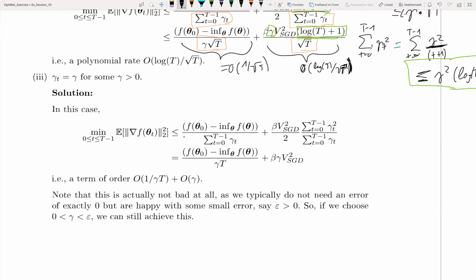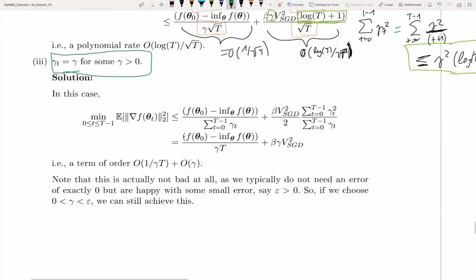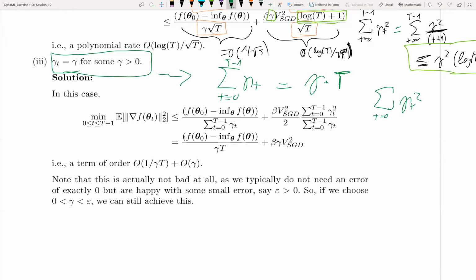And finally, we can ask ourselves what happens if we choose a constant step size. A constant step size would mean that if we look at the sum over the gammas, we are summing up t times the same constant, namely gamma. And similarly, when we look at the squared step sizes, we get gamma squared summed up t times.